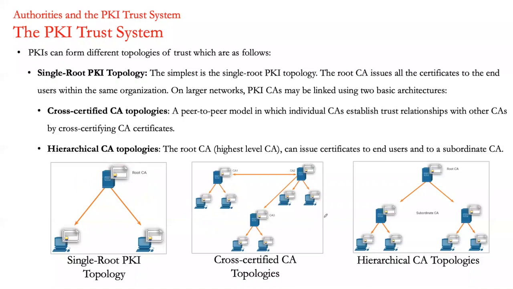Whereas in hierarchical certificate authority, it follows the binary or Merkle tree certificate authority structure. The root has the highest level of certificate authority.